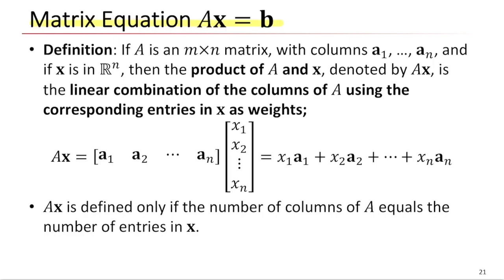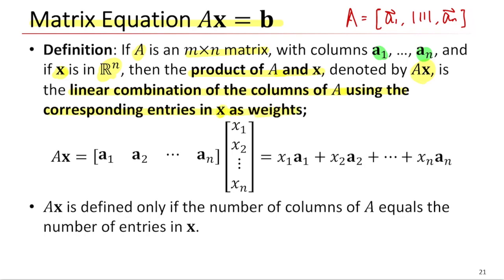If A is an m by n matrix with columns a1 through an, and if x is a vector in R^n, then the product of A and x, denoted Ax, is the linear combination of the columns of A using the corresponding entries in the vector x as weights. What does that mean?